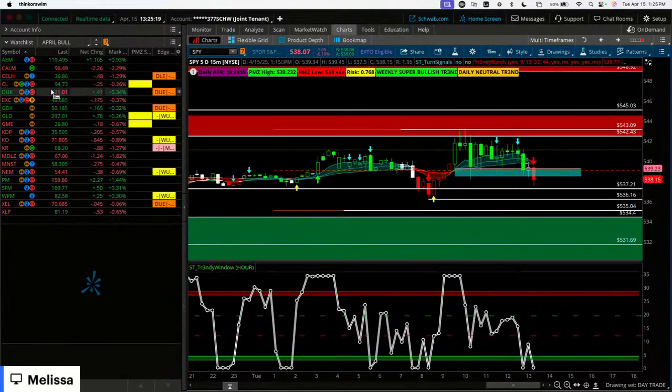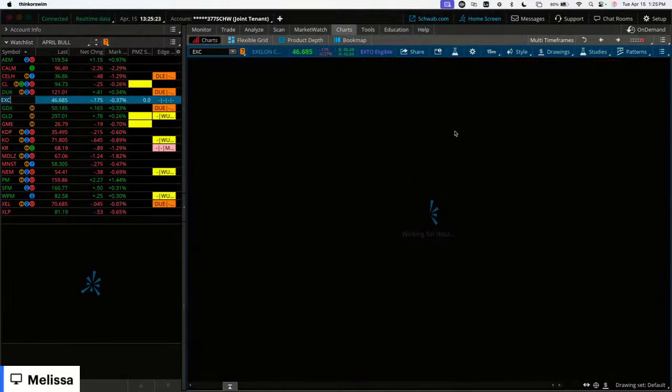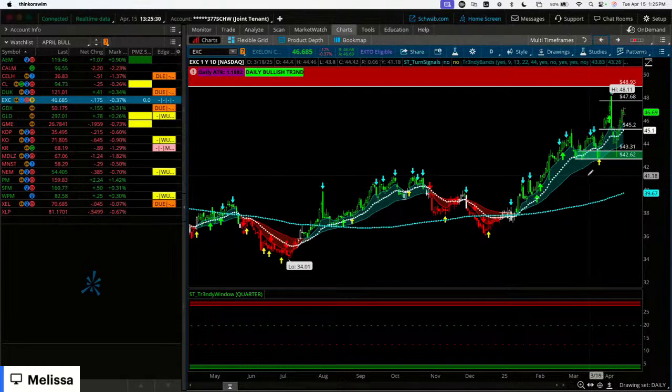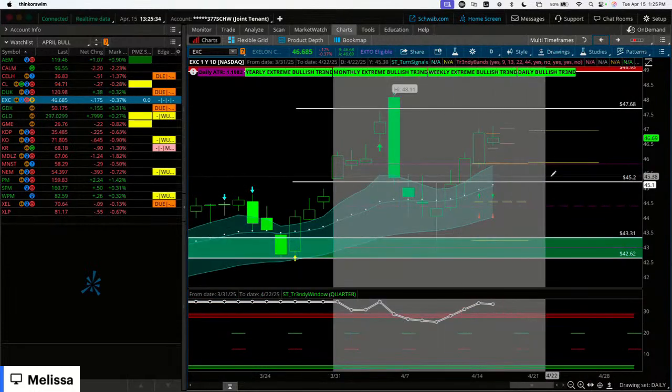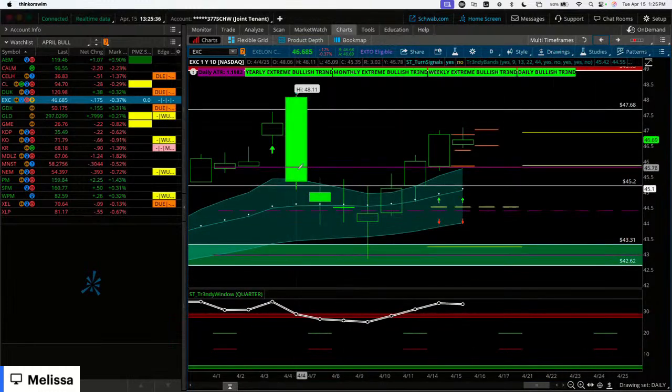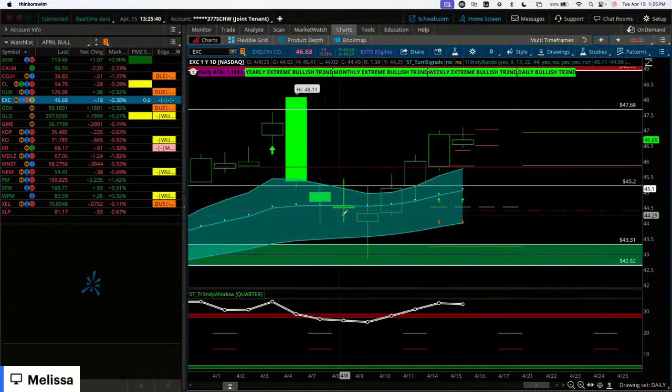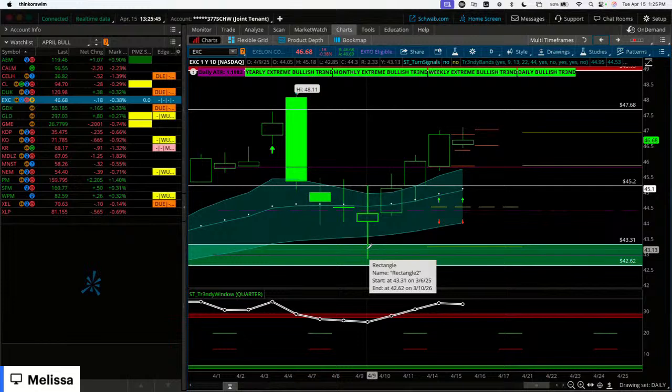Let's look at some other names. EXC is one that I really like. The problem is I need a bigger pullback on EXC, but I love this beautiful looking rounding bottom, cup and handle, whatever you might call it. What I do know is that on April 9th, price pulled back into demand.